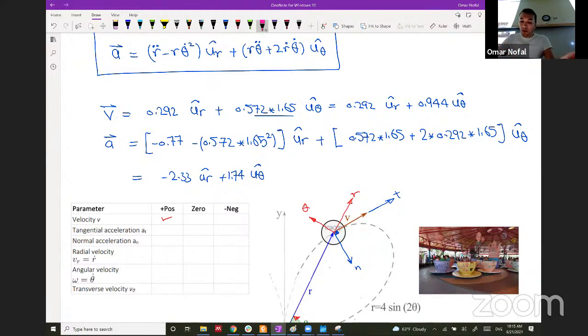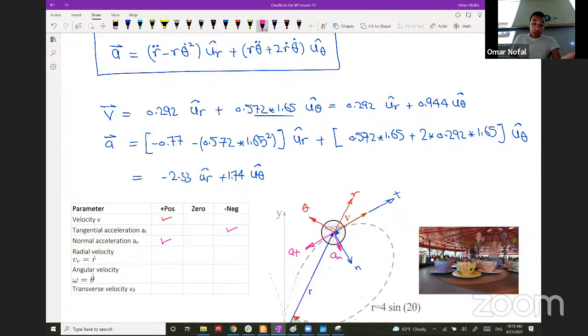We know that V is slowing down, so the tangential acceleration is in the opposite direction. If it were increasing, it would be in the same direction as the velocity. And the normal acceleration is always in the direction of n. So we know the tangential acceleration is negative and the normal acceleration is positive.